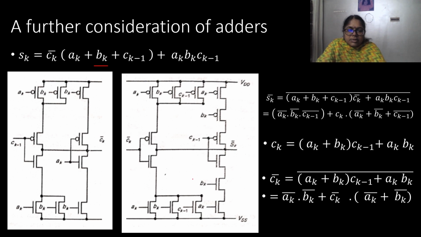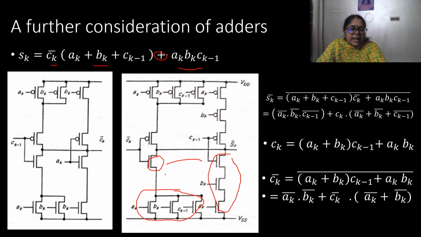So 3 NMOS transistors are in parallel, to which another NMOS transistor is connected in series, whose gate is connected to Ck bar. Similarly, we have another term here, Ak Bk Ck minus 1. So 3 NMOS transistors in series, and these two branches or paths are parallel to each other because in the middle we have plus.